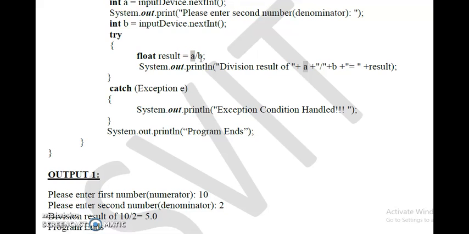The control stops its execution when the exception is raised in the try block and jumps to the catch block. In the catch block, the exception is caught, and the code within the catch block prints the message exception condition handled, and the remaining program execution is normal till the end of the program.